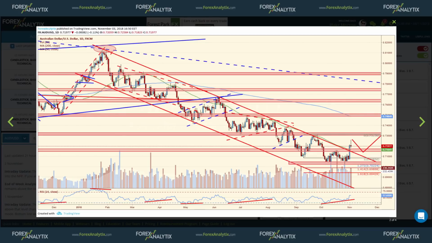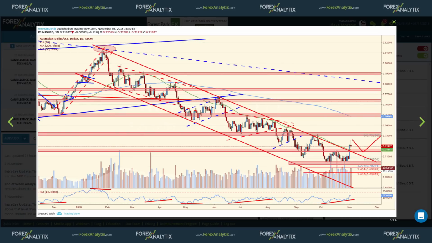We use the analogy of the beach ball underwater. As the beach ball has been pushed underwater, you get tired and eventually you let it go and it pops right out of the water. That's exactly what happened with the Aussie this week. And the Aussie is probably going to be catching a bid, especially if risk appetite improves from here.